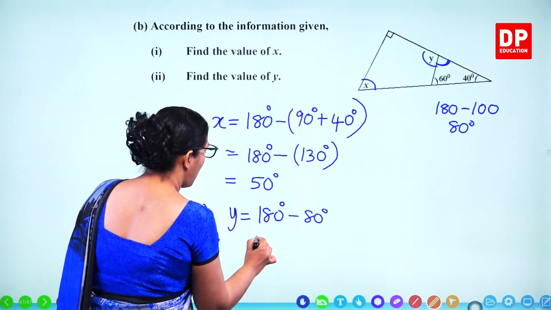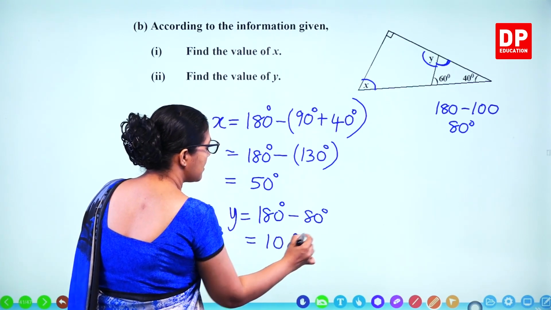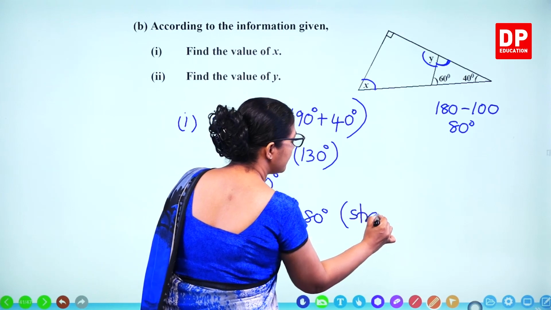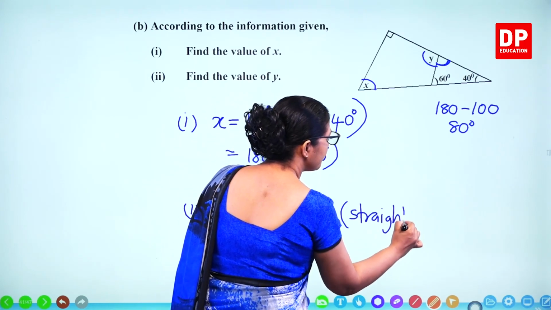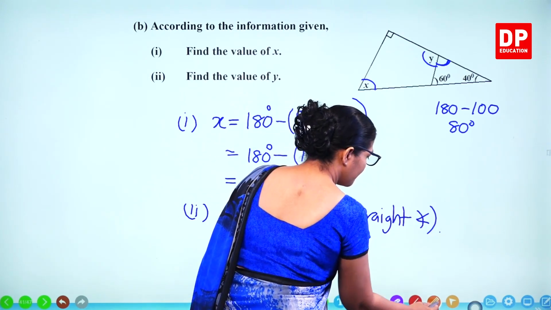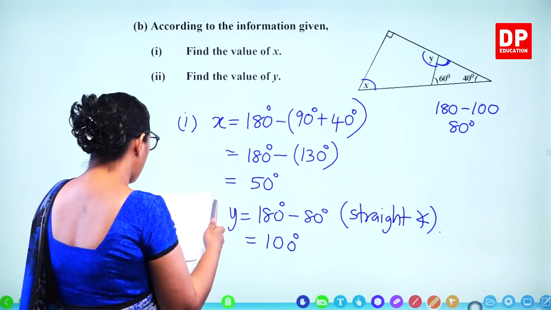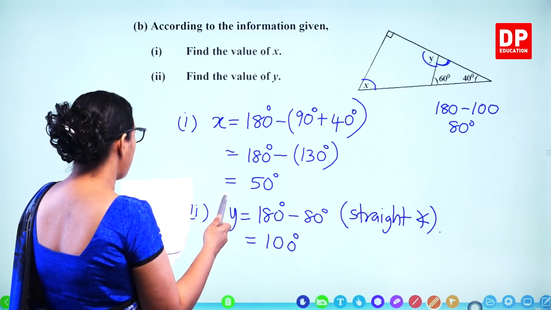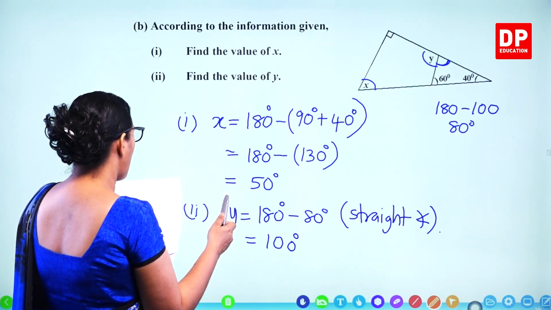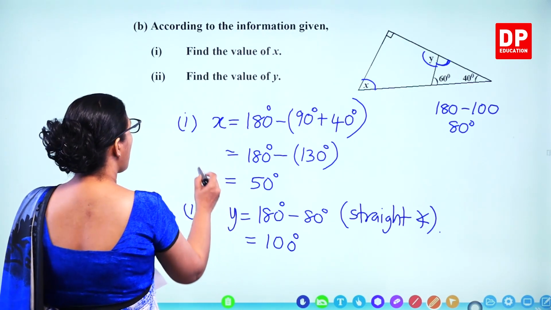You get 100 degrees because of straight angle. So you are getting x is 50, y is 100. So 3 marks for that.